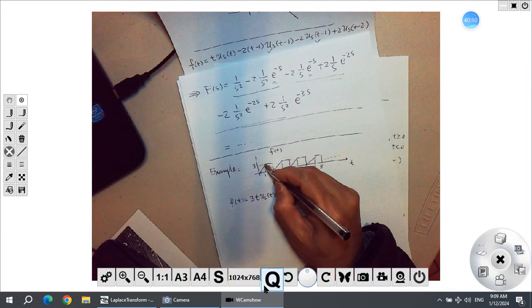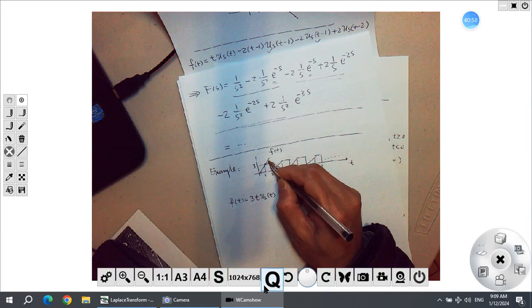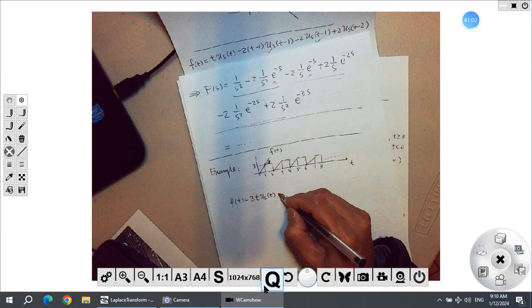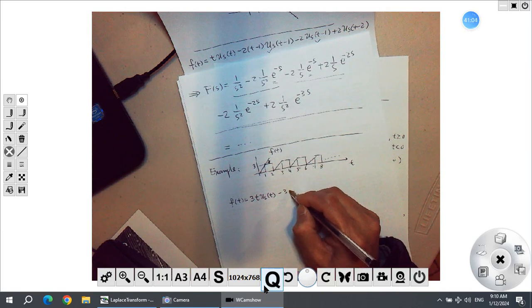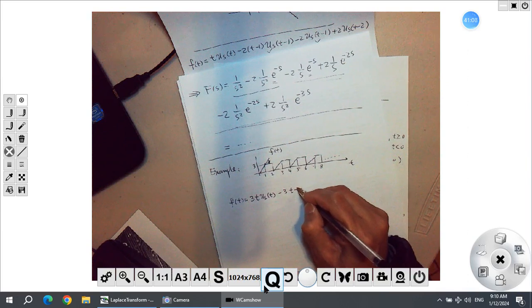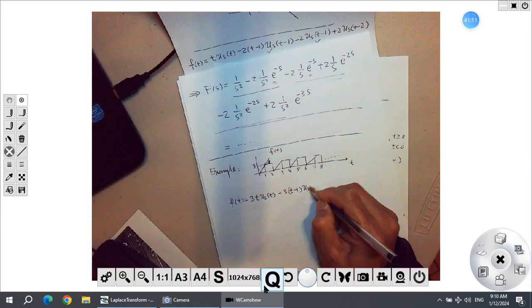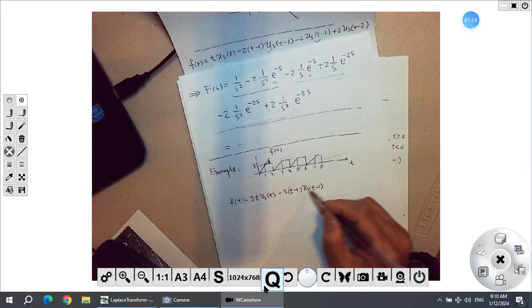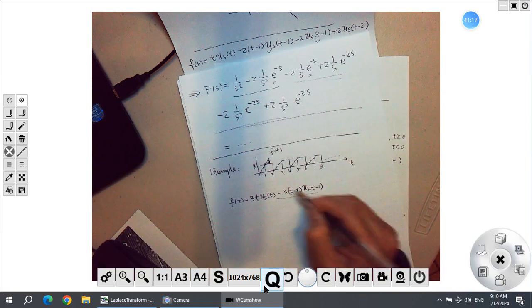And at time t equal to 1, the ramp will be cancelled, no more ramp, right? Here the slope is 3, then it turns to slope 0. So we need a minus 3t, but now the slope change happens at t equal to 1, so t minus 1, and u_s of t minus 1.